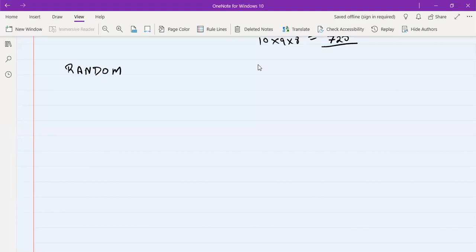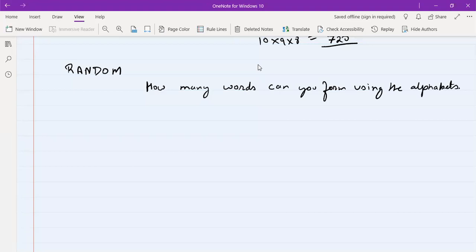Now tell me, how many words can you form using the alphabets of this word? It doesn't matter if it makes sense or not. You just have to form a word. It doesn't matter whether it has meaning or not. Okay, now think about it and tell me.